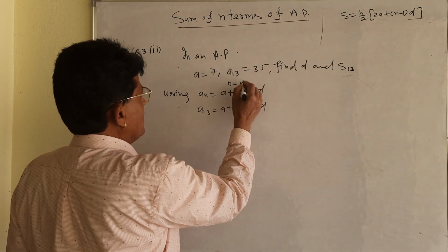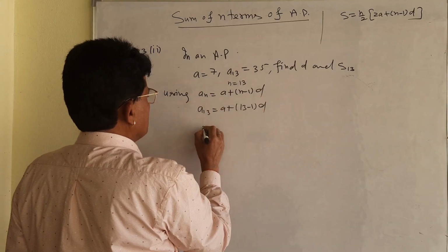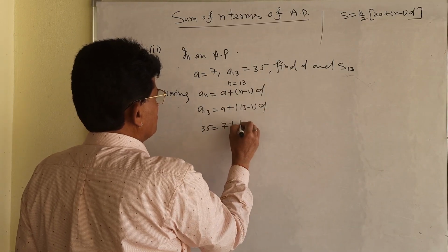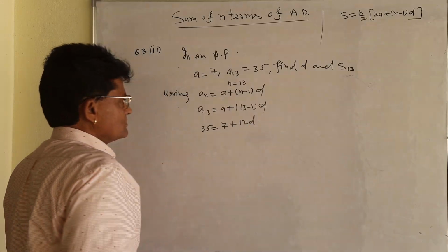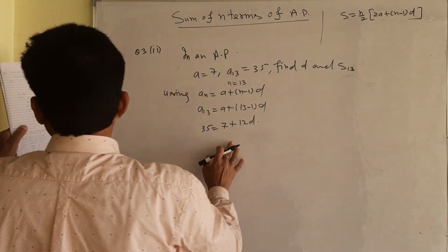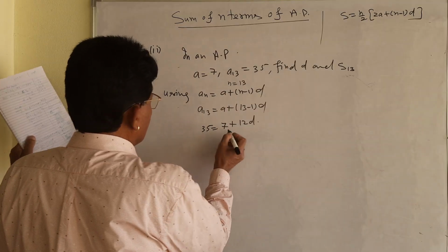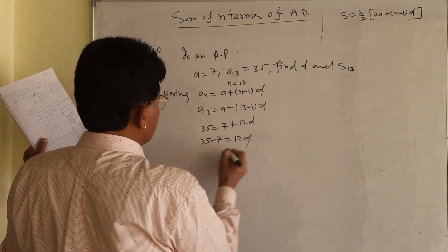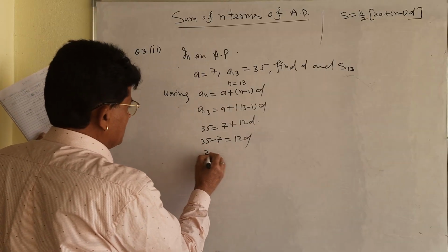a13 is equal to how much? 35. And a is 7 plus 12d. You see this carefully. Let me take 35 minus 7, it will be equal to 12d. It will be 28.